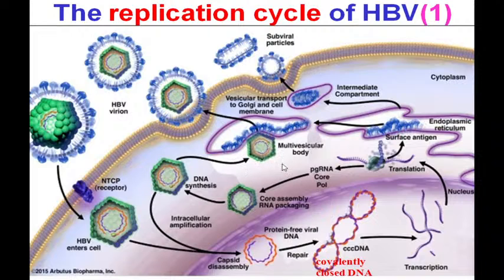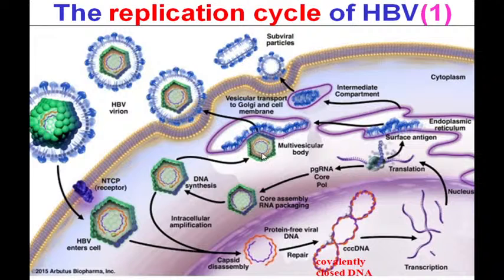While it is ongoing, the virus starts budding from the Golgi and endoplasmic reticulum, where the surface glycoproteins, hepatitis B surface antigen, are already prepared.